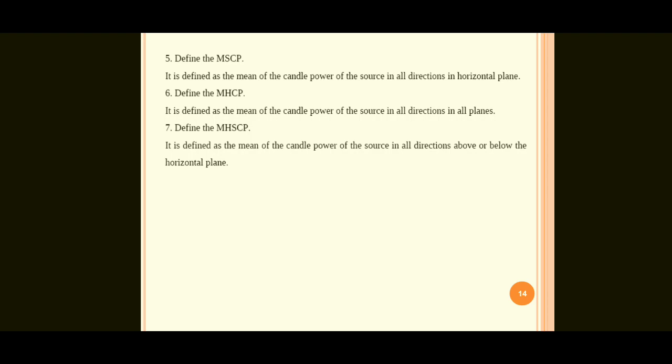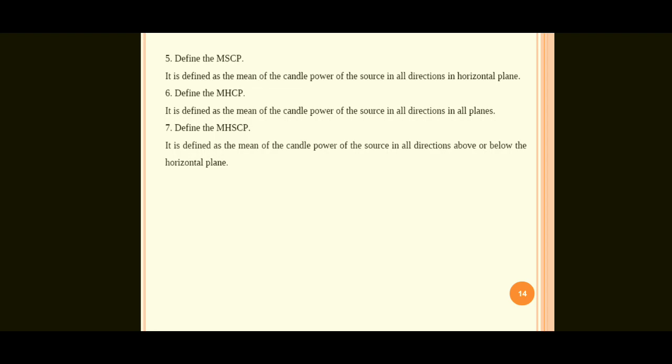MSCP means mean spherical candle power, MHCP means mean horizontal candle power, and lamp efficiency means luminous flux by power input. Maintenance factor, beam factor, and reduction factor are covered. So these are the topics covered in part 18 and part 16.